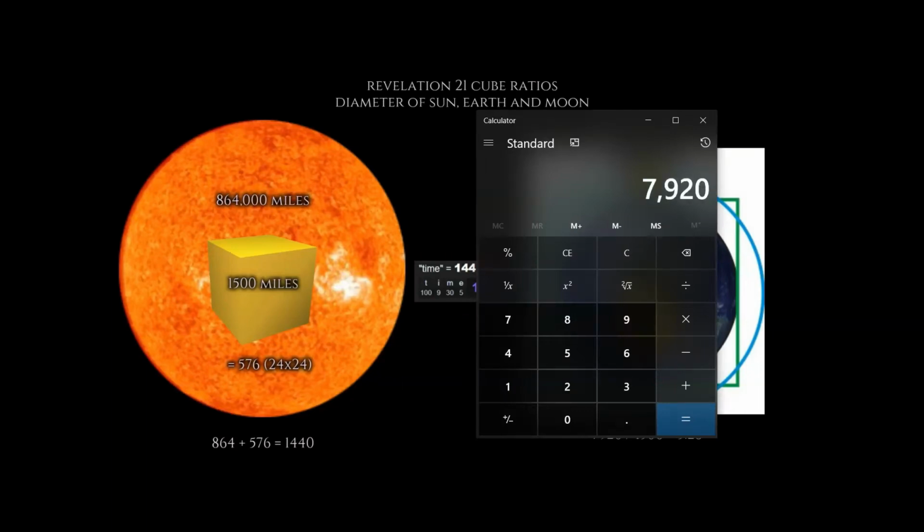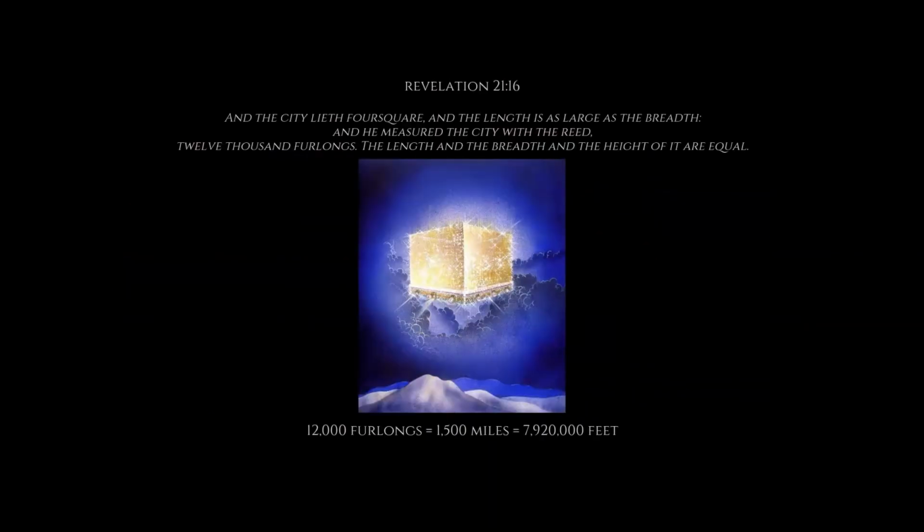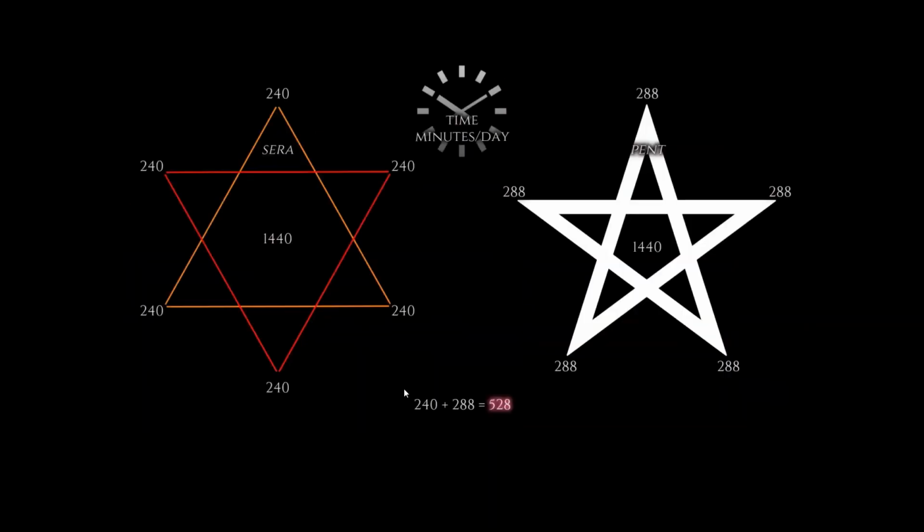The given diameter of the Earth is 7,920 miles divided by the 1500 mile cube. So that's where we're getting our 528. And when I saw that, it reminded me to take another look here at our time relationship with the 6 and 5-pointed stars.